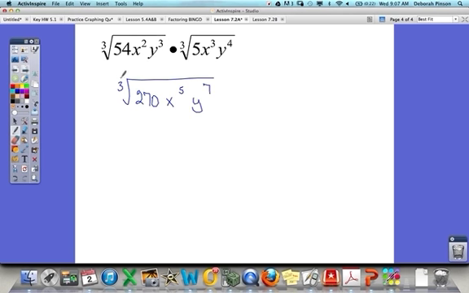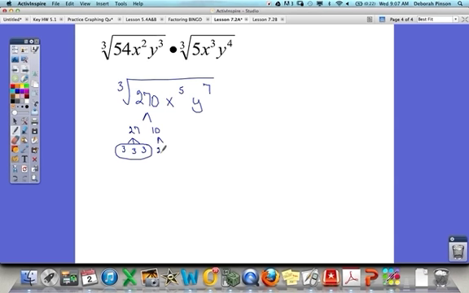Okay, now this is cubed root, so I'm looking for a group of 3. Now I like this because I know this is 27 times 10. 27 is nice with cubed roots because it's 3 times 3, that's 9, times 3 more.